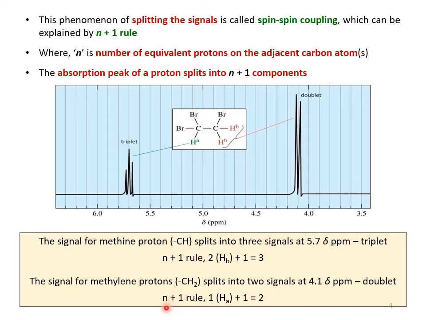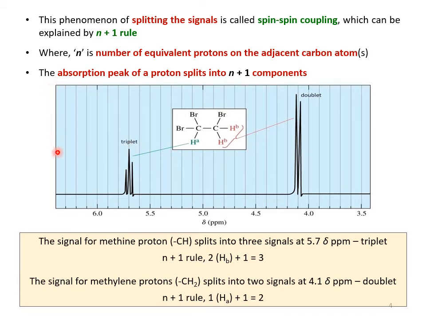So n+1 gives 1+1, that is 2. Therefore, the signal for the methylene protons splits into two signals, designated as a doublet. I hope you have understood this. Once again I will repeat.